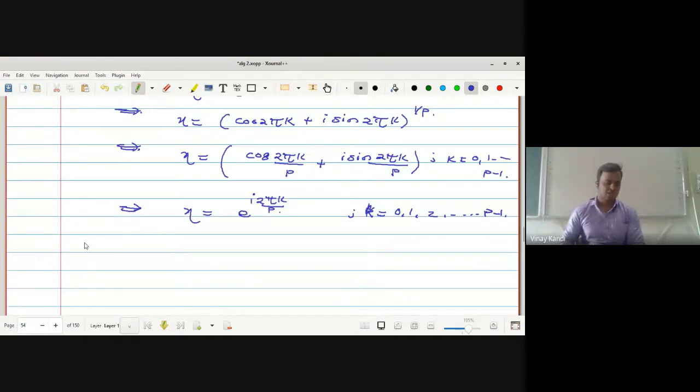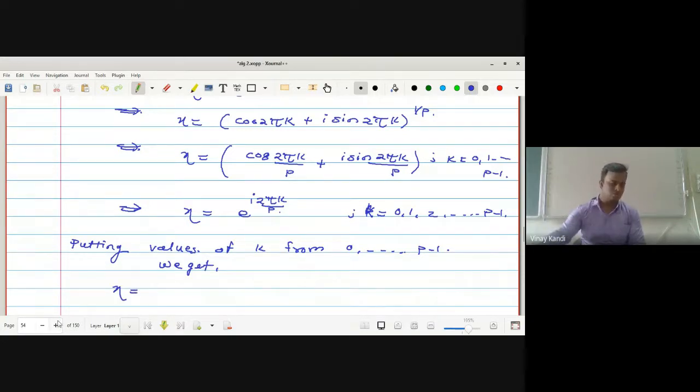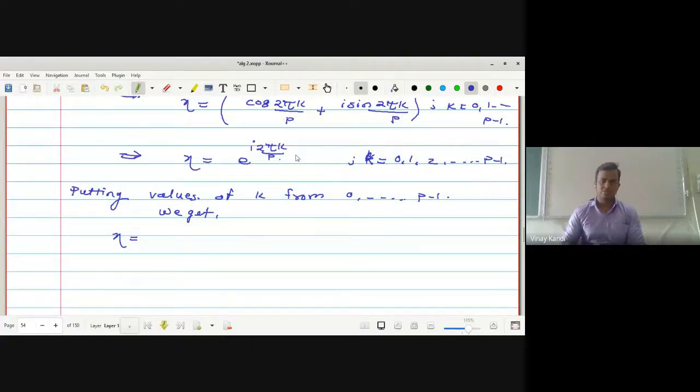Okay, now putting values of k from 0 to p minus 1, what do we get? Put k is equal to 0: e raised to 0 is 1. Put k is equal to 1: e raised to i 2 pi upon p.